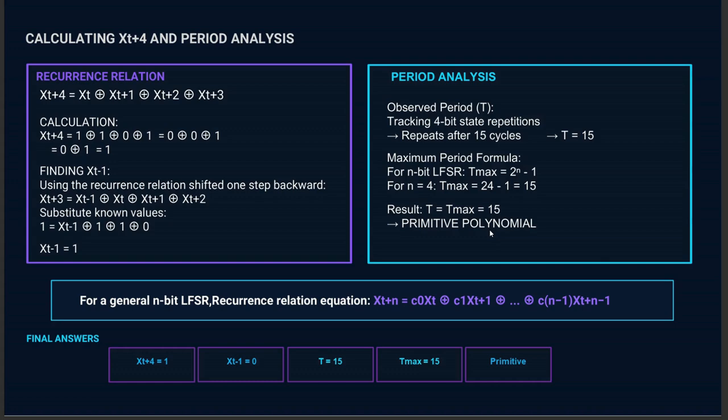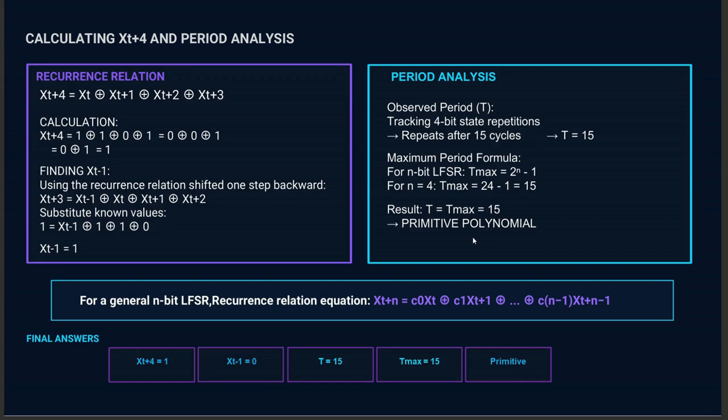Now comparing the values, the observed period T equal to 15 and the maximum possible period T max also 15. Since both are equal, T equal to T max, this means the LFSR achieves the maximum possible sequence length. When an LFSR achieves the maximum possible period, its feedback polynomial is called a primitive polynomial.